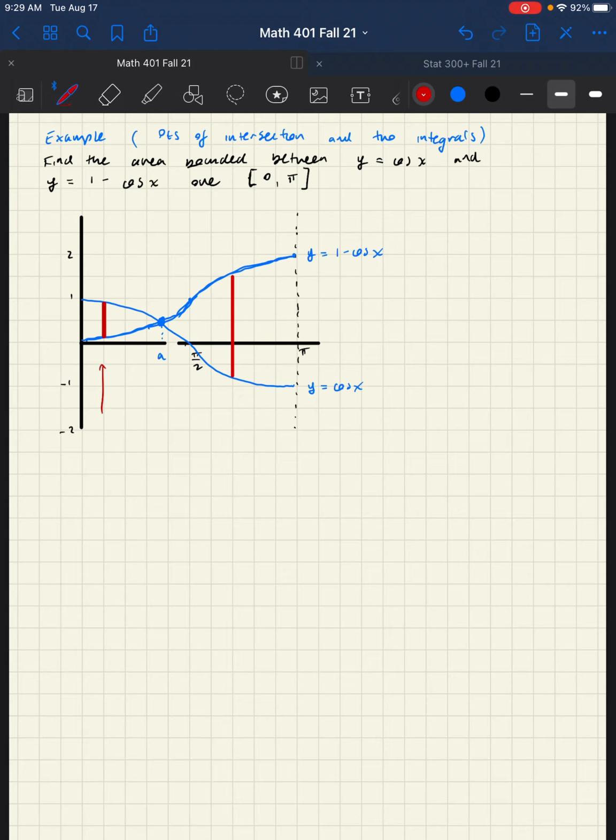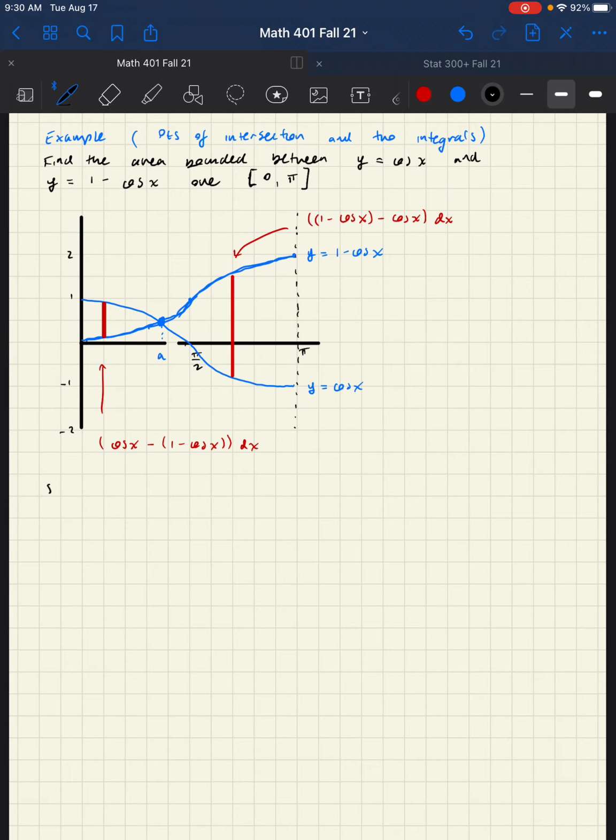So for the first one, the infinitesimal area that we're looking at is going to be (cosine of x minus (1 minus cosine of x)) dx, and then between 0 and a. And the second infinitesimal slice has an area (1 minus cosine of x minus cosine of x) dx. So those are flipped. So we need to set up two integrals regardless because of which curve comes first.